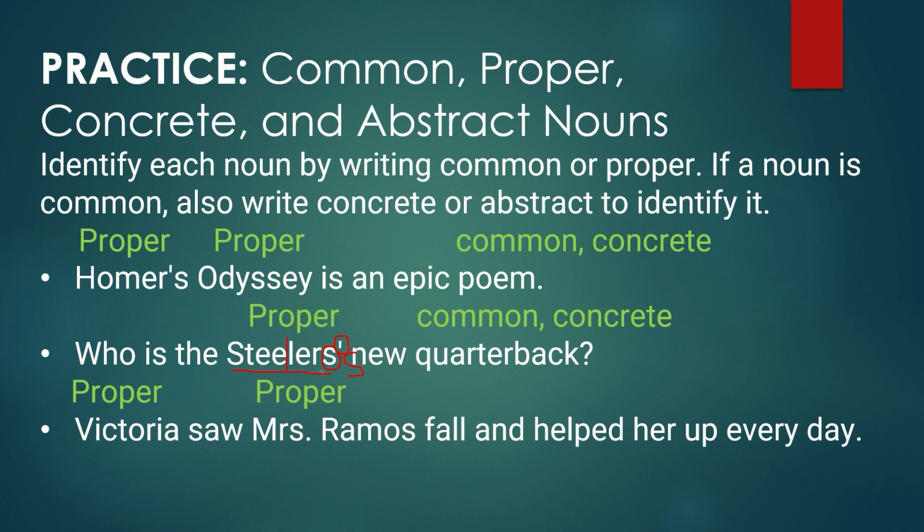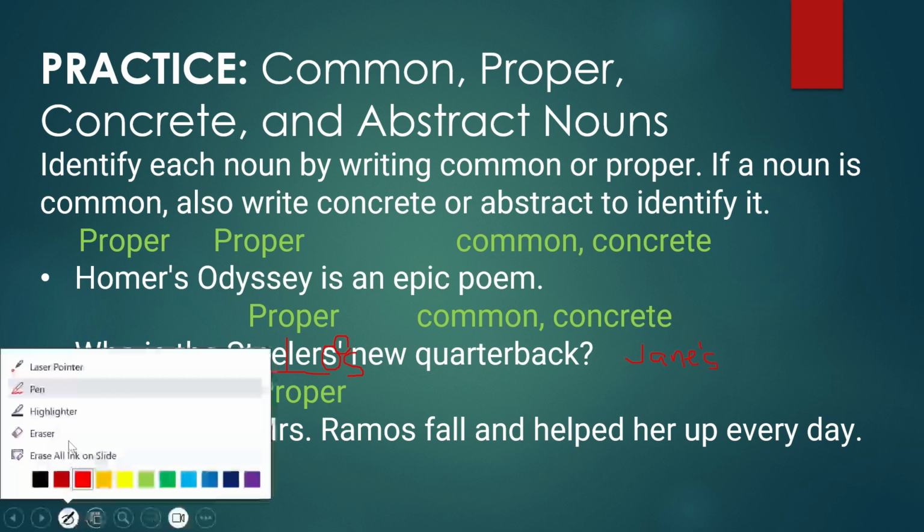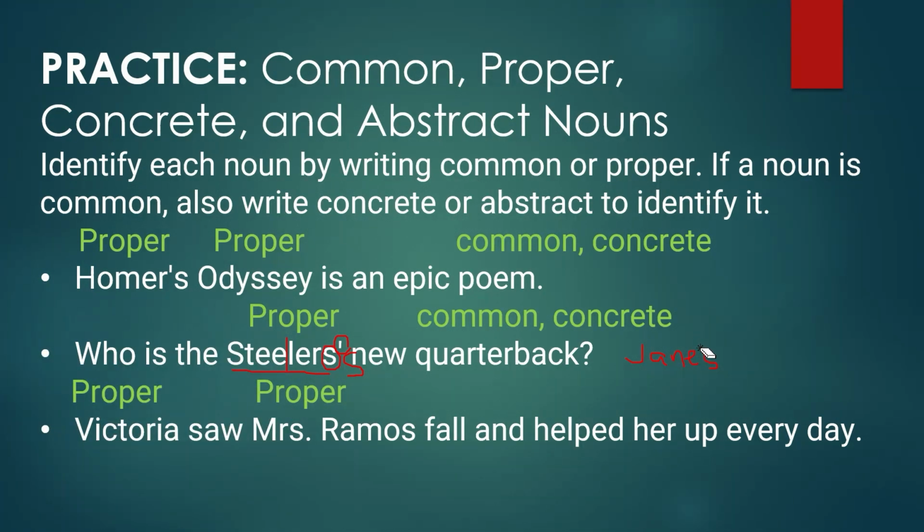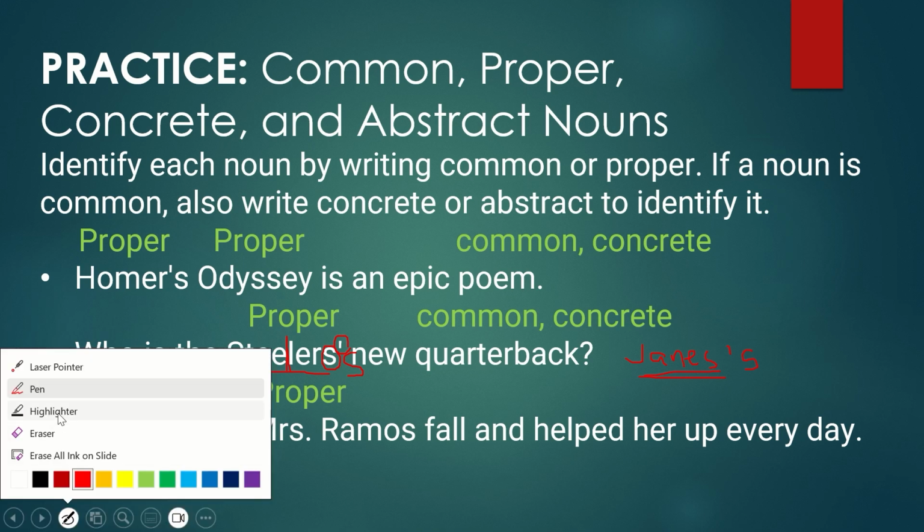If it's one syllable, like James, or if it is written like Jane's, then we'll be having another apostrophe S. But because James is only one syllable and this one has two syllables, there's a correction from the previous lesson we had.